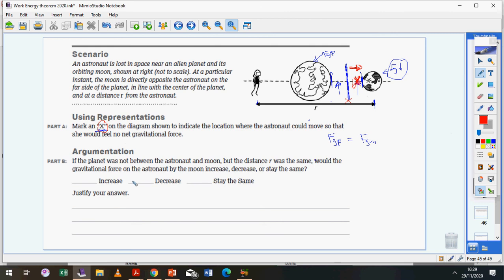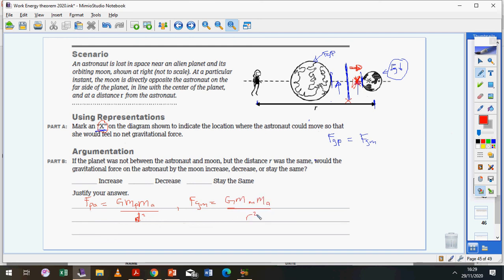Remember, the force of gravity of the planet on the astronaut is equal to G, mass of planet, mass of astronaut, divided by d squared, where d is the distance between the planet and the astronaut. And the force of gravity on the astronaut by the moon is G, mass of moon, mass of astronaut, divided by r squared.